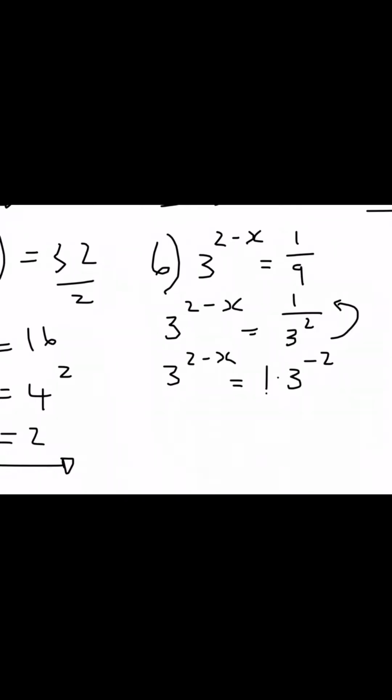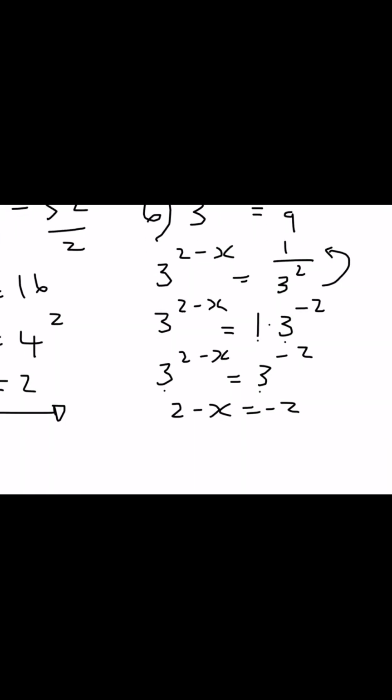So you see now, this times that, definitely anything that is being multiplied by 1, it doesn't change. So you now have your 3 to the exponent of that being equated to 3 to the exponent of that. Bases now are the same. So you end up having your 2 minus x being equals to negative 2.